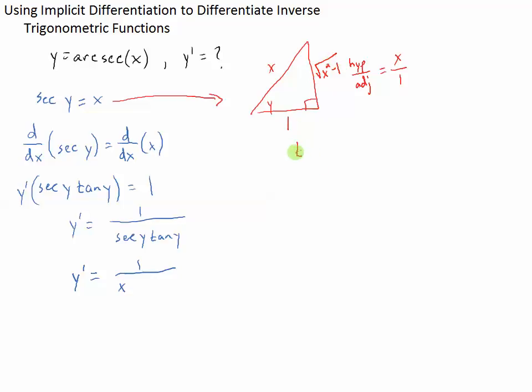And now I can see that the tangent of y, which is what I want to know about down here, would be opposite over adjacent, which is the square root of x squared minus 1, divided by 1. So I just get the square root, and that is the tangent of y, and I'll put that here. So this is the derivative of arc secant. And you could proceed to do this with all of the inverse trigonometric functions.